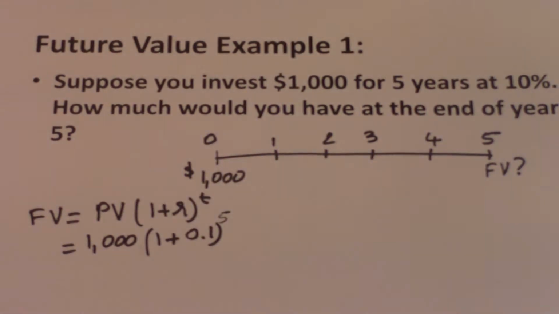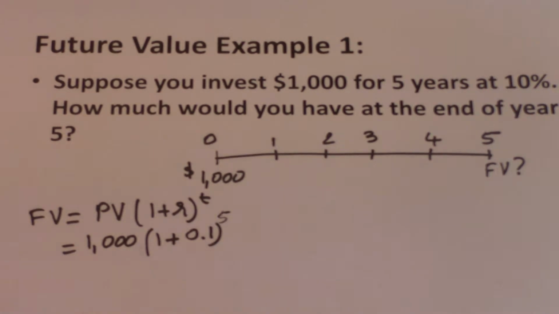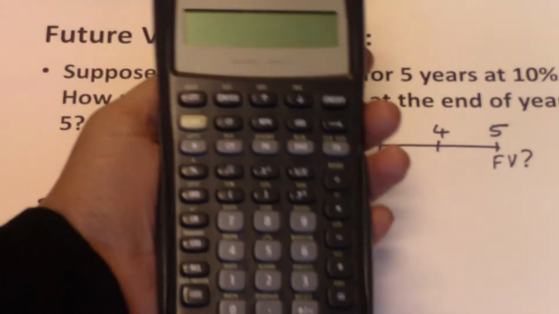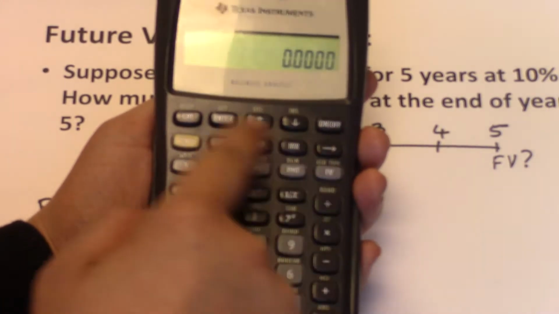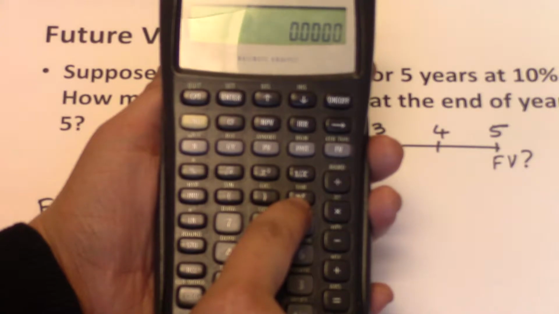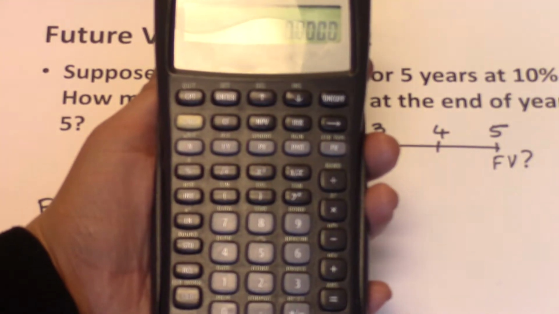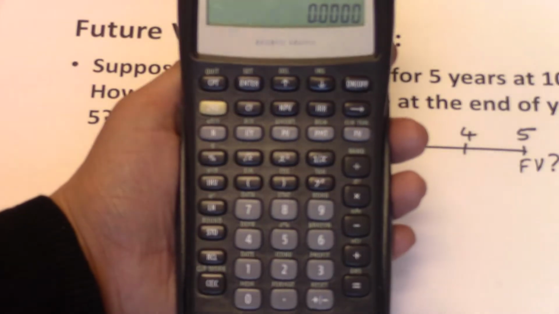5. We can calculate this using the financial calculator. So what you need to do here is basically use this button right here to raise to the power of 5. So first we calculate 1 plus 0.1 to the power of 5, and then we multiply by 1,000.